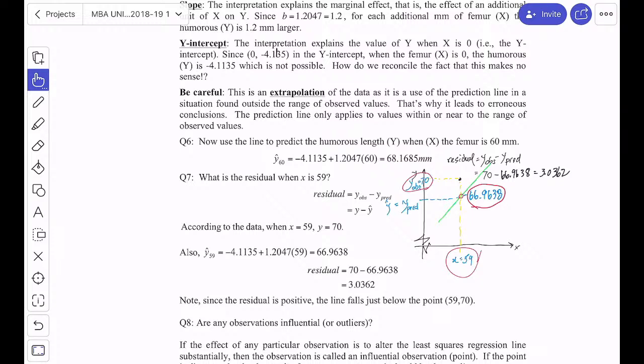So the residual, once again, just making the point. This distance is the residual, the distance between the observed value and the predicted. And that's what you calculated.